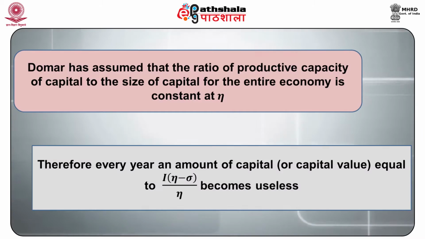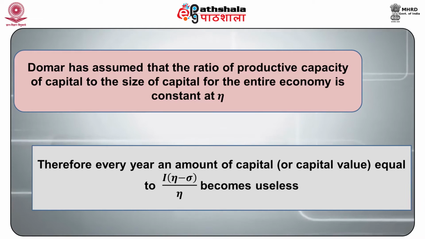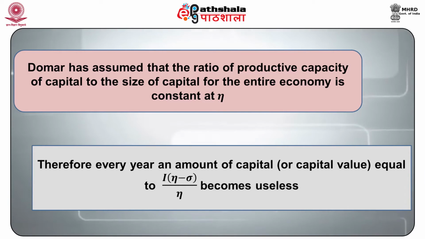But since Domar has assumed in assumption number 8 that the ratio of productive capacity of capital to the size of capital for the entire economy is constant at nu, therefore every year an amount of capital equal to I into nu minus sigma divided by nu becomes useless.